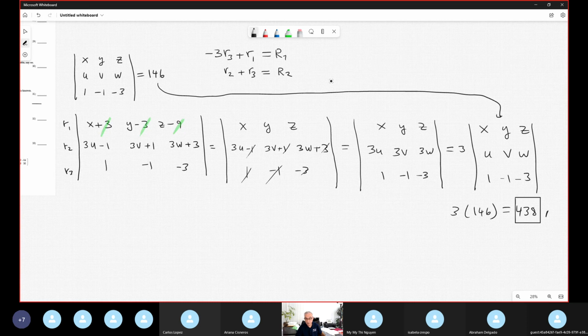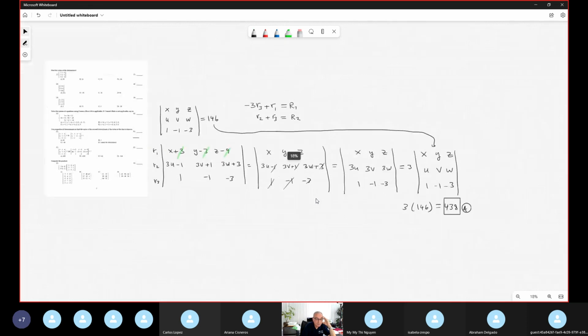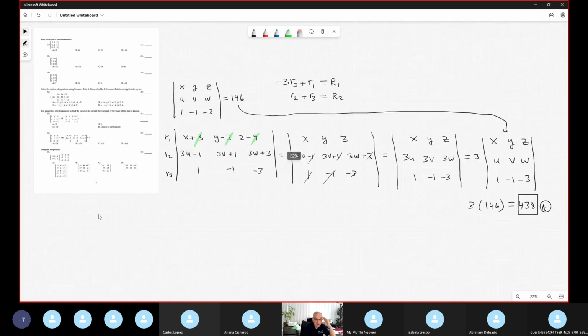That is the option. Do you understand this or no? Okay, unfortunately, we cannot use software in this case. It's by hand. Okay. Next question is the multiplication of the matrix.